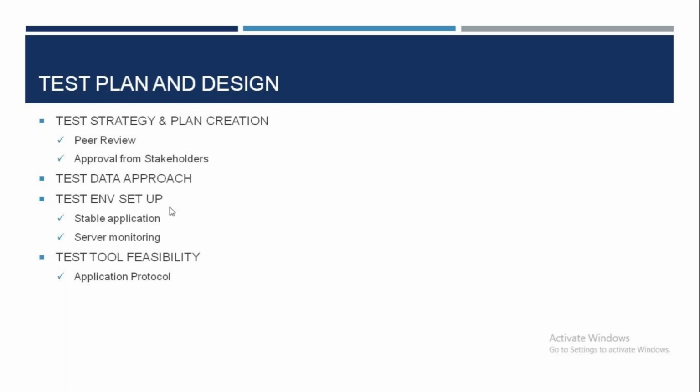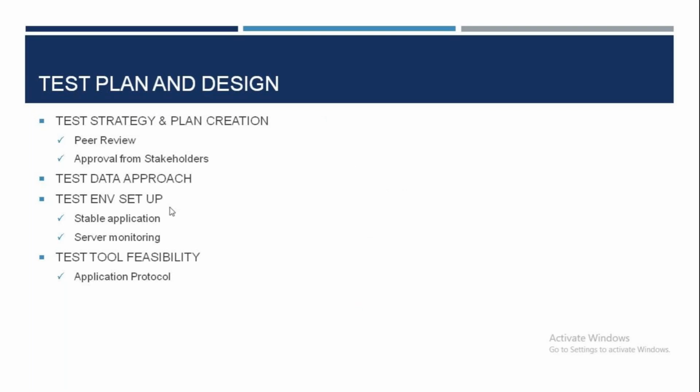Now if you face any challenges, you need to get in touch with the development team to understand the protocol based on which the client communicates with the server, or the technology stack based on which the application is developed. In case of any challenges, you will discuss with the development team. Clear, all of you guys?